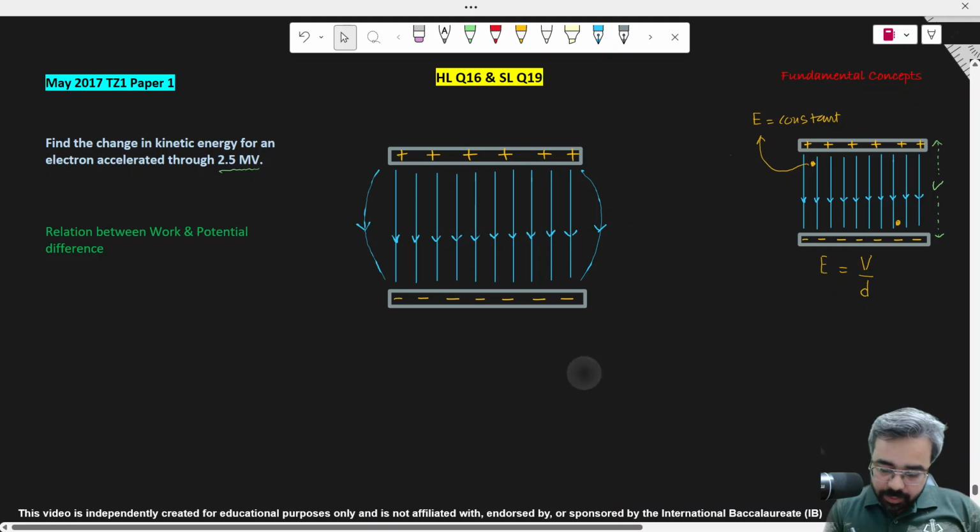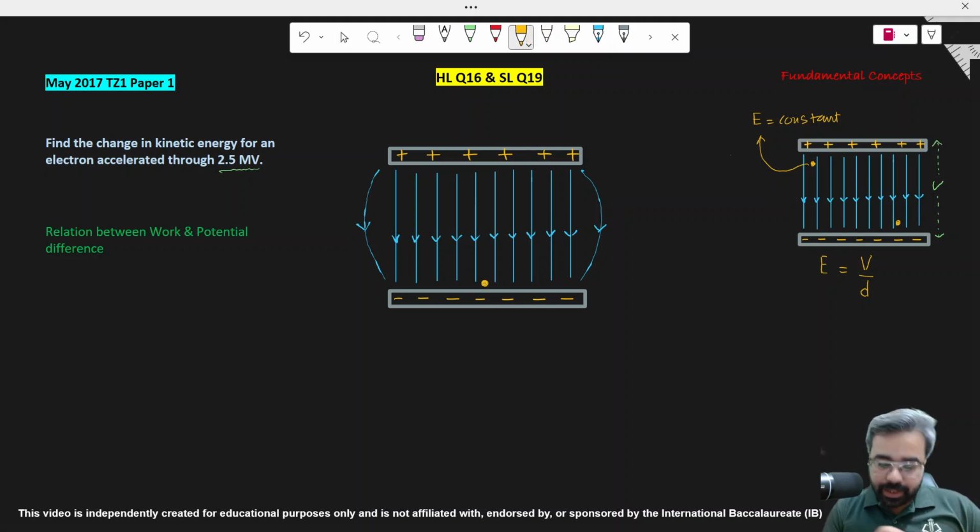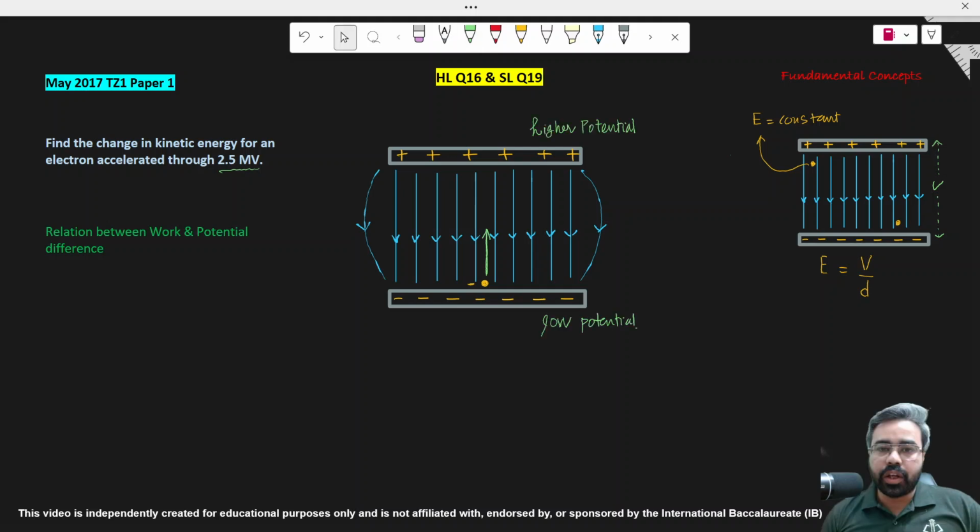Now coming back to the question, let's say this is an electron that is just released from that point. Obviously it will be accelerated because of the oppositely charged plate, so it will accelerate towards the higher potential. What kinetic energy will it gain in order to cover this distance from the negative plate to the positive plate?